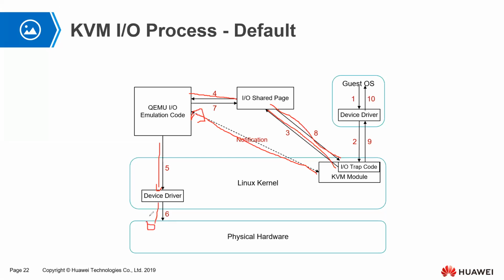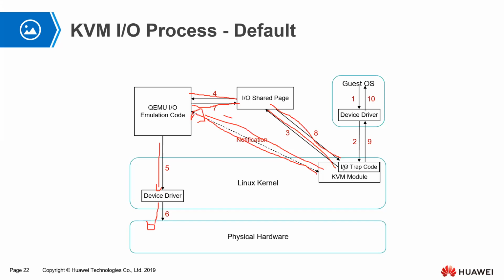So the input output operation is performed on the physical hardware resources through the device driver. Therefore, QEMU then returns the result to the shared page and notifies KVM that it has something for it, so that the input and output operation is complete.